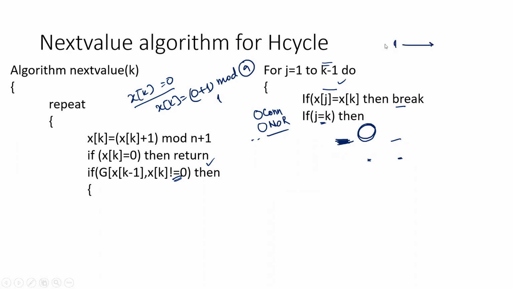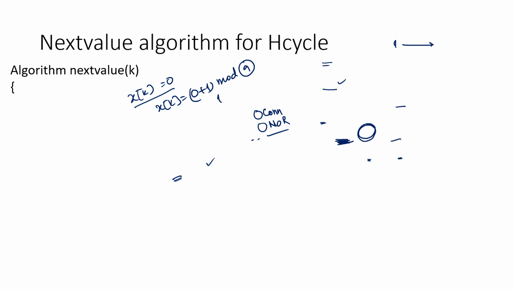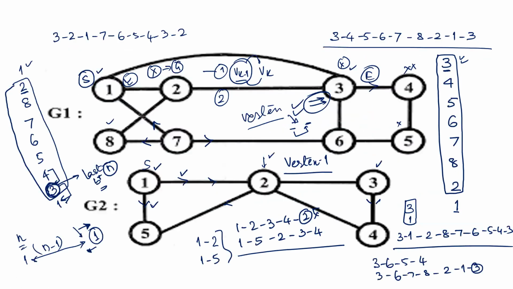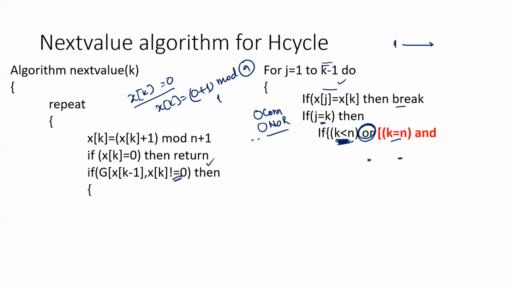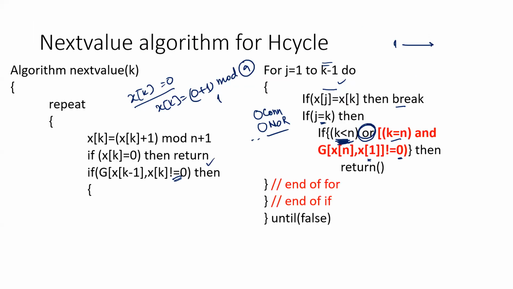So for example, let us say I already have 12876. Now what can I write here? I'll try starting with 1. Cannot write, already there. 2, cannot write, already there.